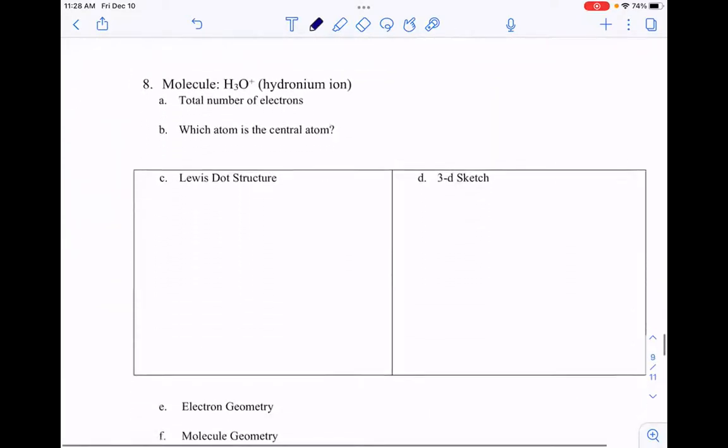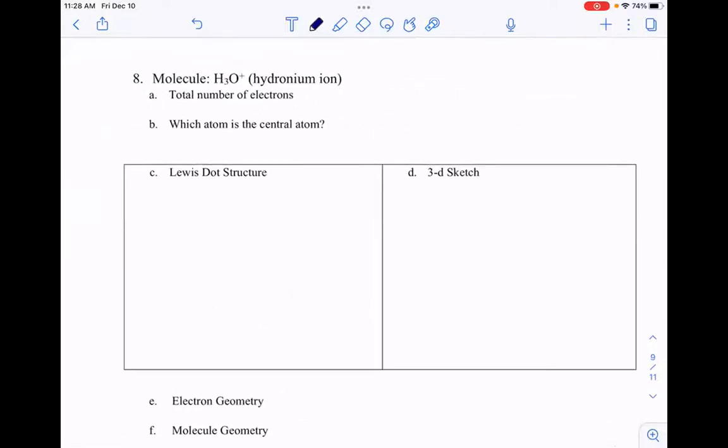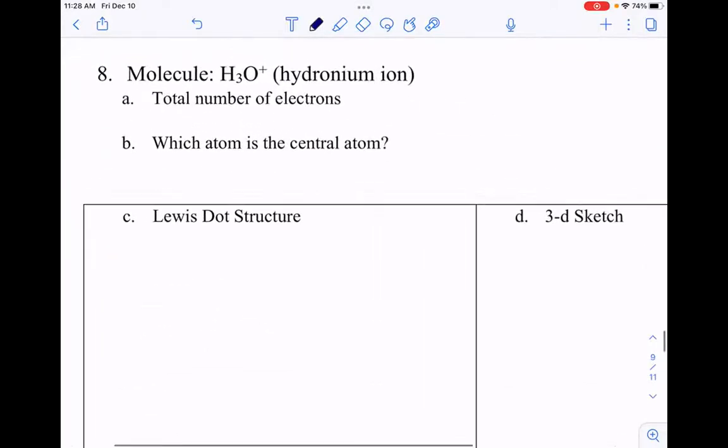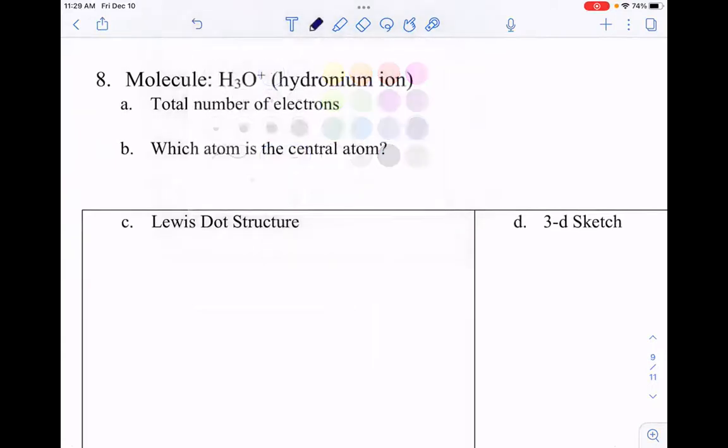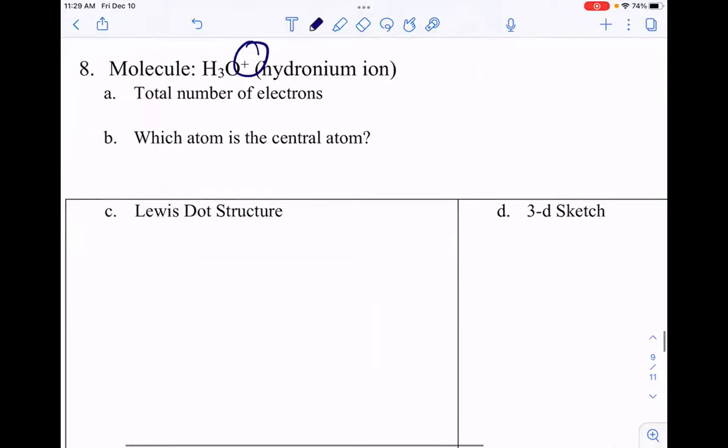Okay. All right, so next one is hydronium. And so looks like this is another first for us. We have a positive charge, so let's go ahead and explore how this is going to work. So total number of electrons: we have 3 hydrogens, group 1, and 1 oxygen, group 6.